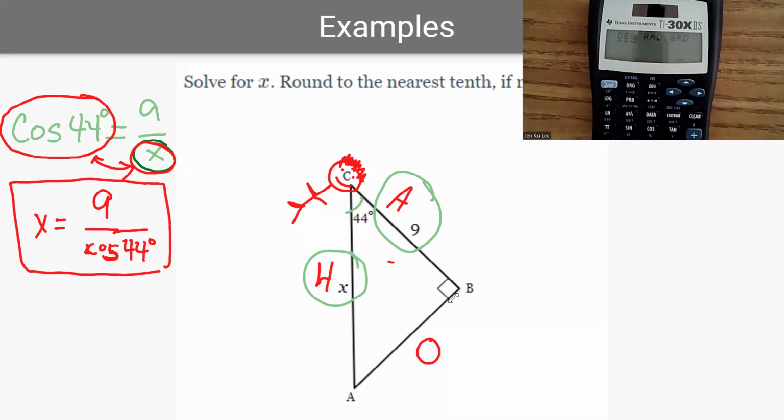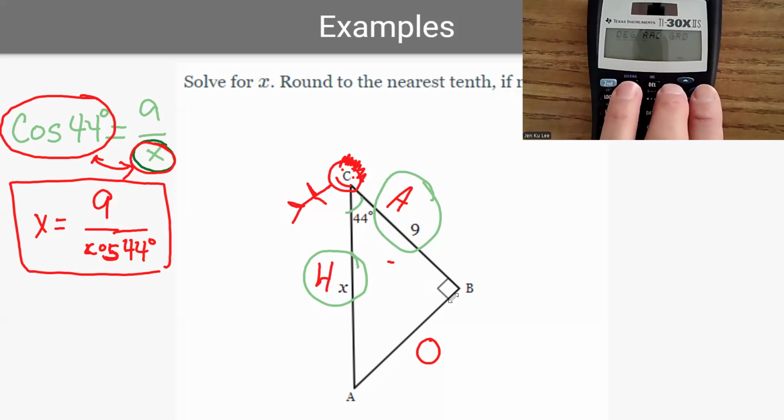You guys will learn that in pre-calc. So I'm going to make sure it's in degrees. If it's underlining the other ones, just go to degrees, DEG, and press enter. So your calculator is in degree mode. I'm just going to go 9 divided by cosine of 44.